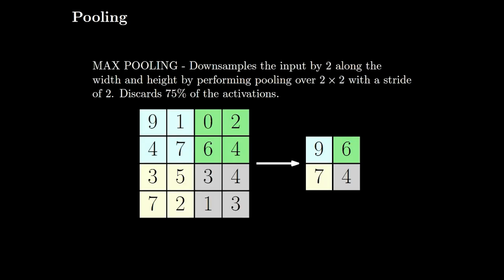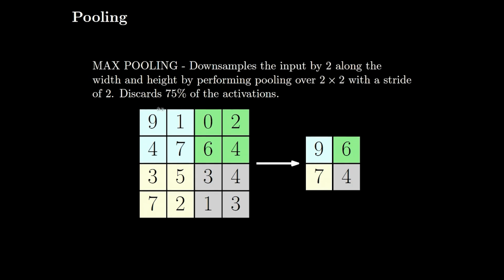The next block we have is the pooling layer. For this example, let us consider max pooling. Max pooling discards 75% of the activations in this case. What exactly happens here is we downsample the input by 2 along the width and height by performing pooling over a 2 by 2 grid with stride 2.